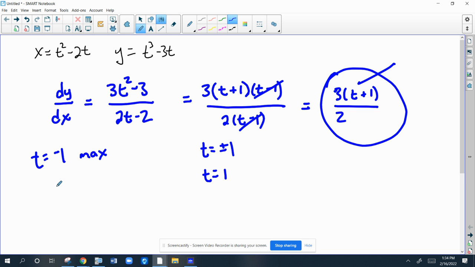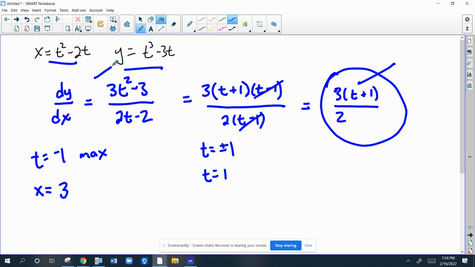We can get the x and y coordinates just by plugging that t into the x and y parts of the parametric equation. So when t equals negative 1, x equals negative 1 squared, 1, minus 2 times negative 1, so 1 plus 2, which is 3.